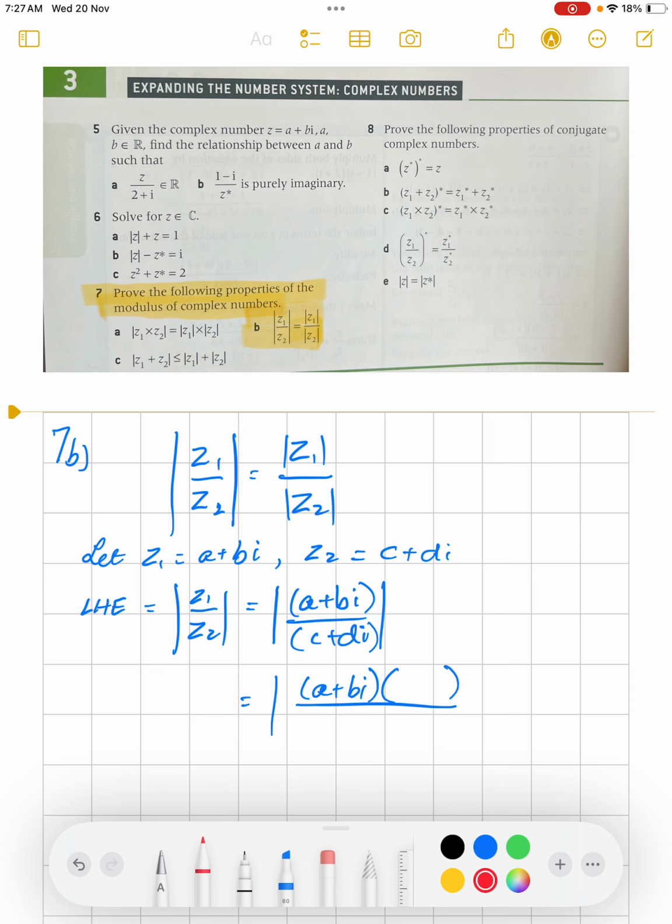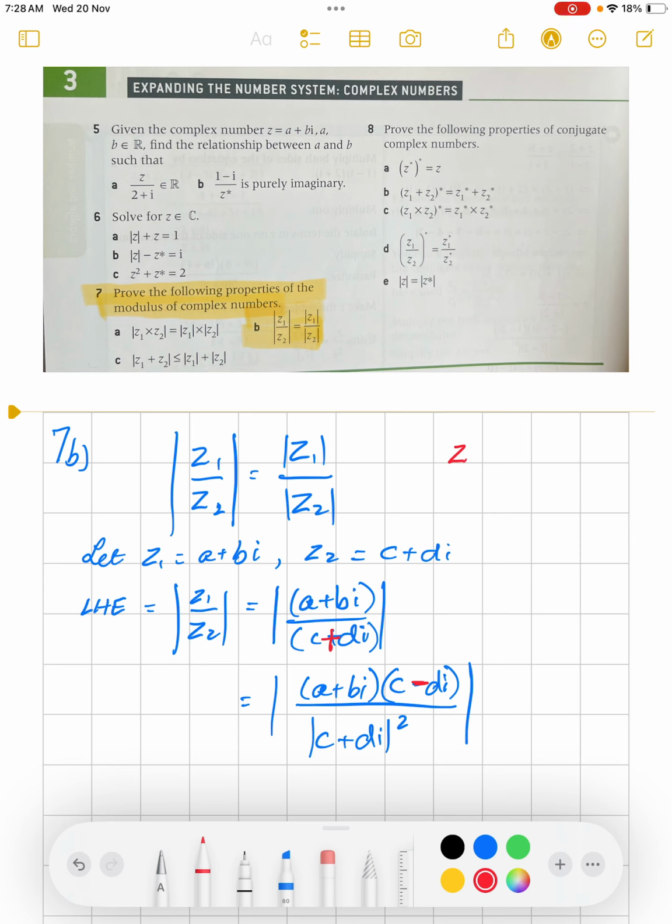If the denominator has a plus, then the conjugate has a minus, and so it's C minus DI. And when you multiply this by the conjugate, it's the square of the modulus of that complex number.